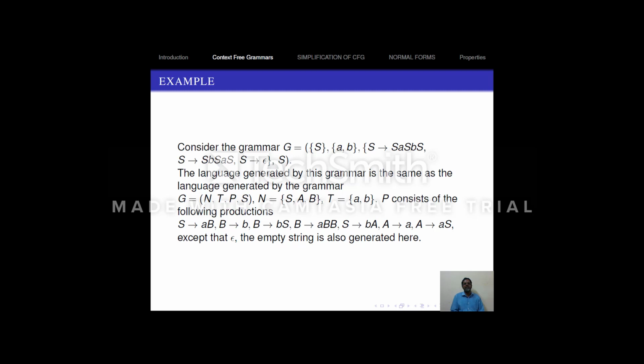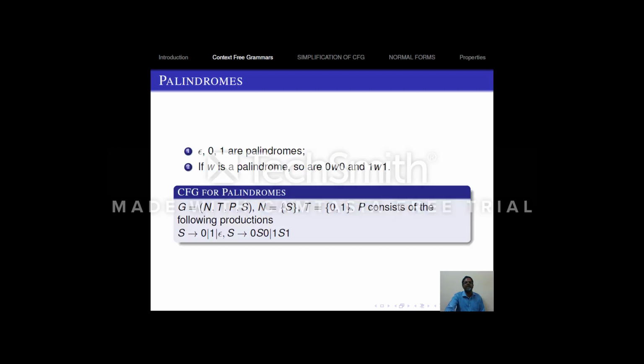The language generated by this grammar is the same as the language generated by the other grammar, S goes to AB and other things. Two grammars G1 and G2 are said to be equivalent if their respective languages are the same. How do we check whether the given languages are the same? It's just the equality of two sets actually. So this tells you the equality of grammars.